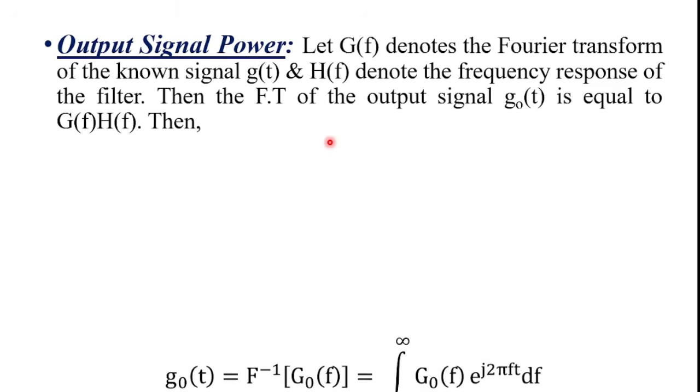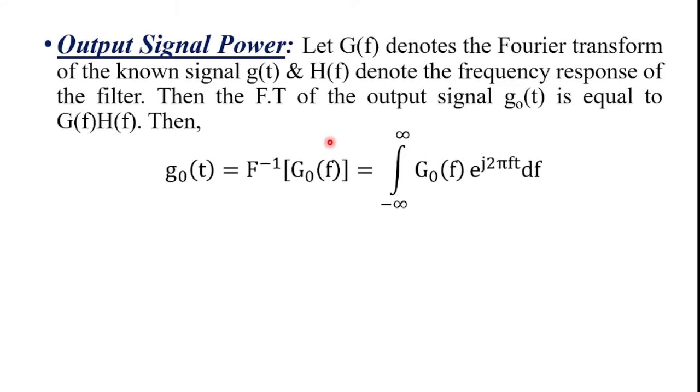So using the definition of the inverse Fourier transform, the output signal g naught of t is the inverse Fourier transform of G naught of f, equal to the integral from minus infinity to infinity of G naught of f e power j 2 pi f t df. And this is the definition of the inverse Fourier transform. What is the Fourier transform of the output signal?